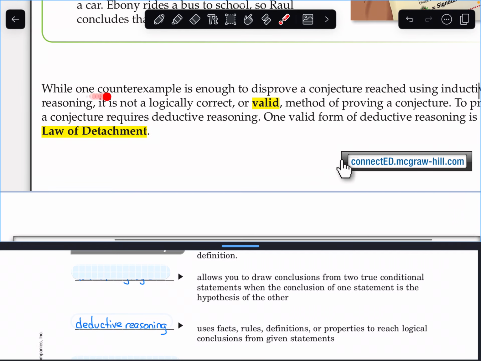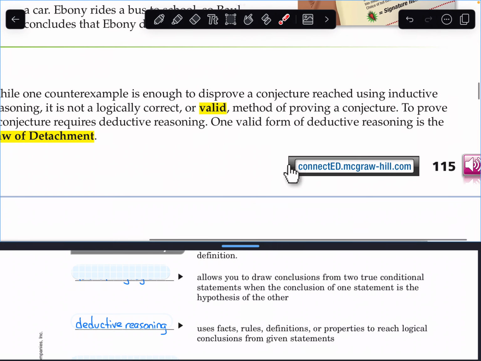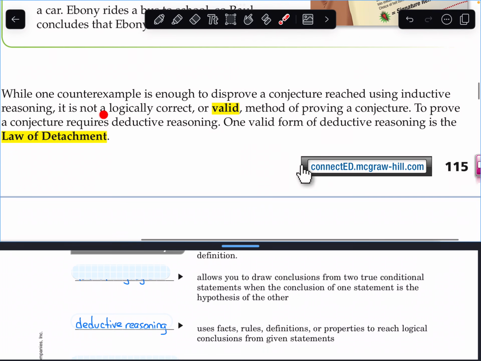While one counterexample is enough to disprove a conjecture reached using inductive reasoning, it is not a logically correct or valid method of proving a conjecture. So valid here just means logically correct. If you have successfully followed all the rules of logic, then it is valid. To prove a conjecture requires deductive reasoning. One valid form of deductive reasoning is the law of detachment.